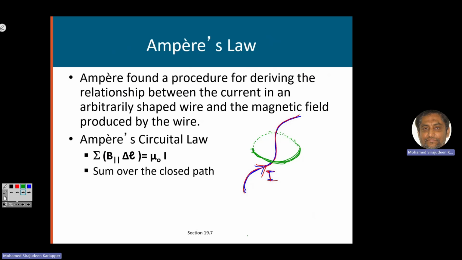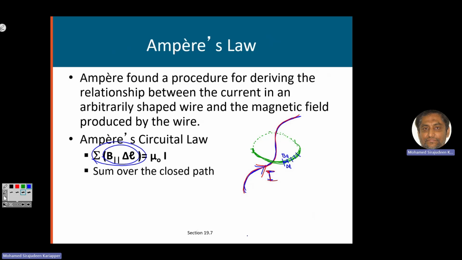Then you calculate this. There is a magnetic field from this current carrying wire, and we take a small section delta L of this circuital path. Let's say the magnetic field parallel to this delta L is B parallel, and you take this product B parallel times delta L, and we do this for all the segments.